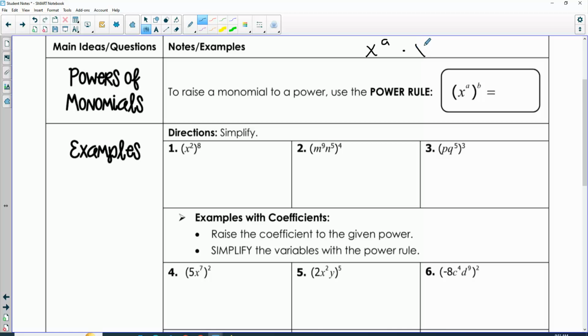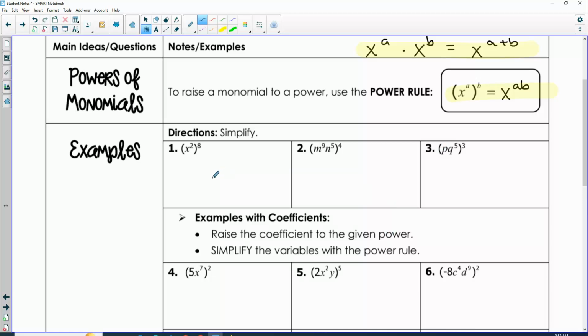Remember, if it was x to the a times x to the b, we added those exponents. When it is a power to a power, we multiply. If that x is only written once, we multiply those exponents together. So you need to understand the difference between these two things. When the base is written each time, you add. When there's only one base, and it's a power to a power, we multiply our exponents.